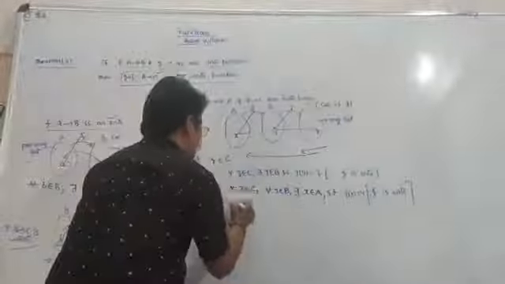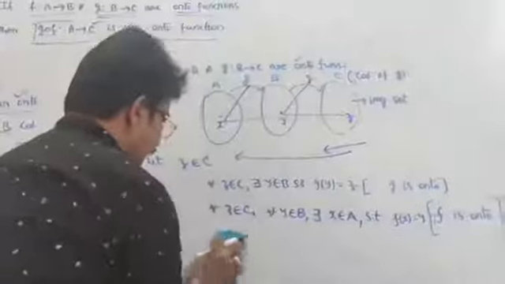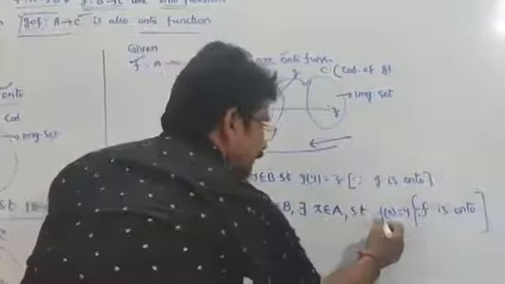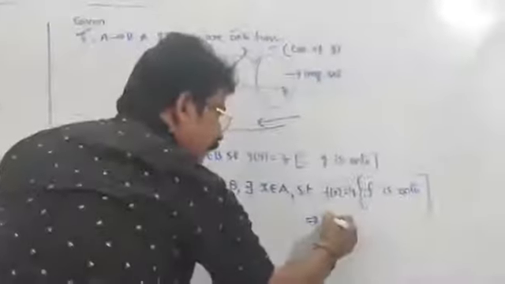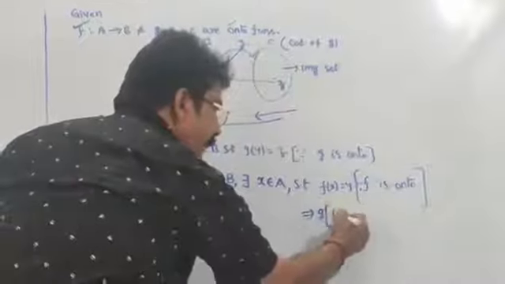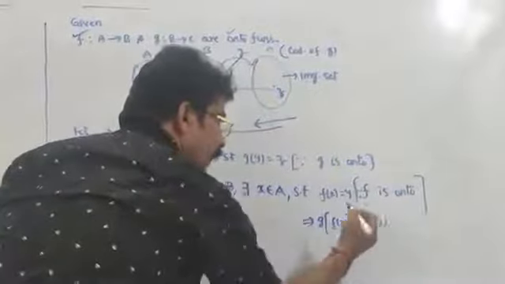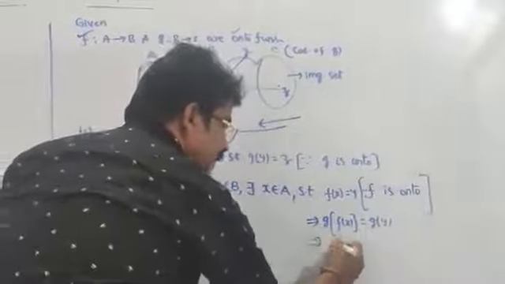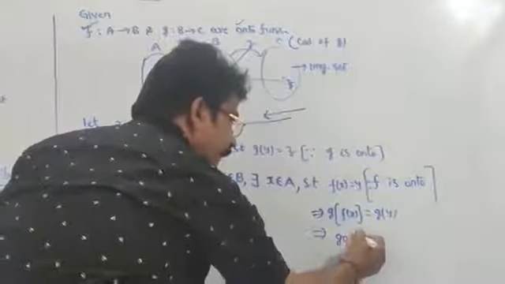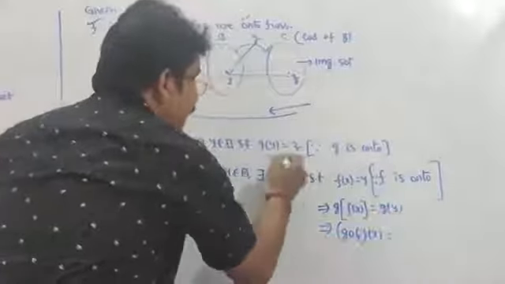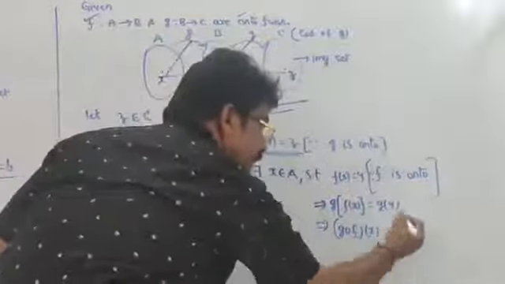So for all z belongs to capital C, apply g of on both sides, that implies g circle f of x is equal to g of y, but g of y equal to z.